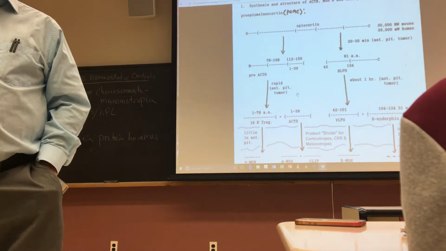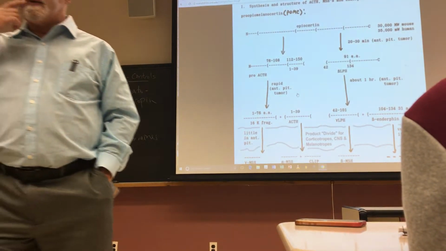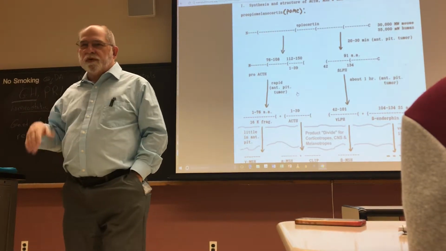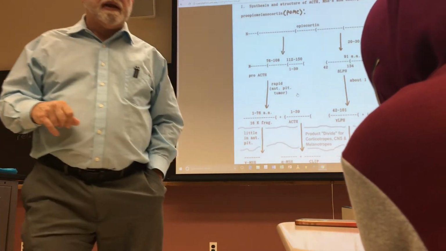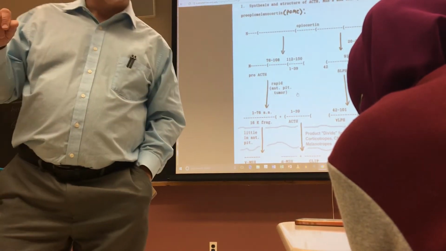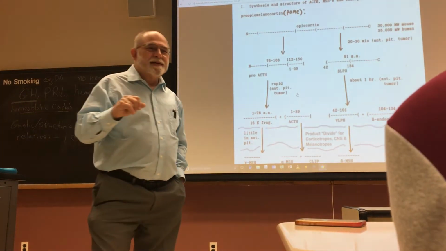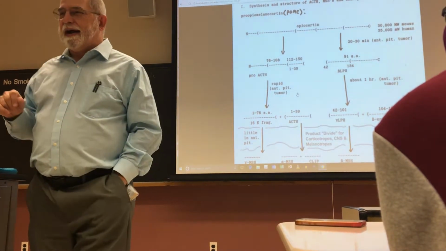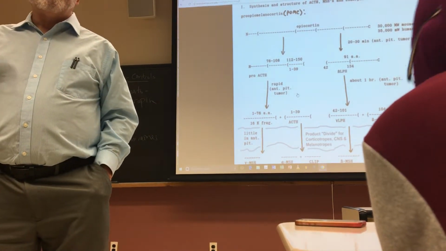It suppresses pain. Okay. Beta endorphin, you want to see high levels of beta endorphin, get a blood sample from a woman in labor. Okay. Her endorphins are sky high.